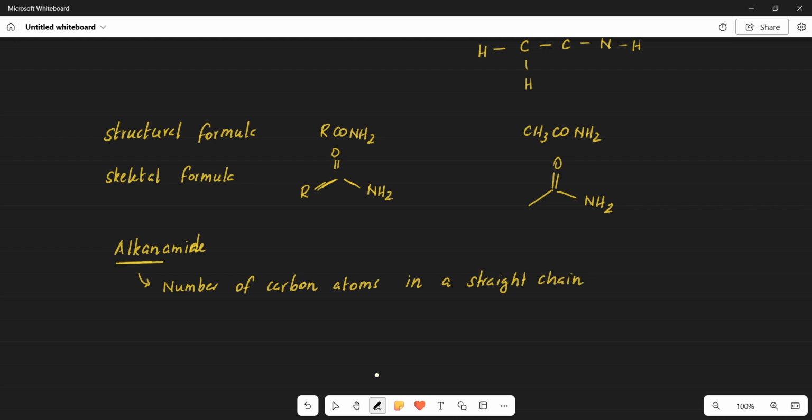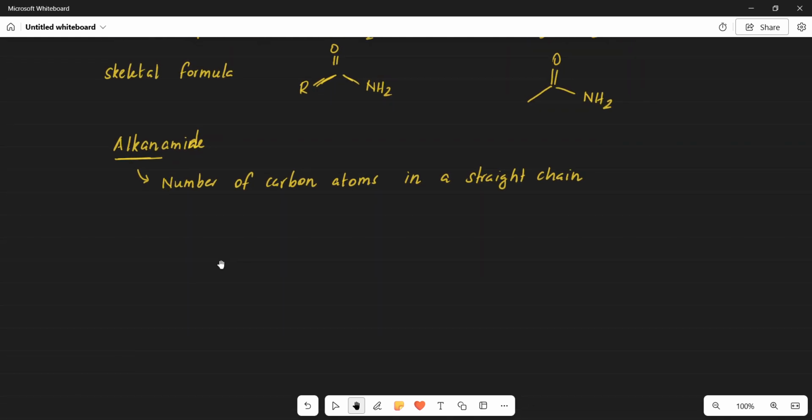Straight chain means a continuous chain. So let me take some examples. If I take CH3C double bond O NH2, it has two carbons. So ethanamide.